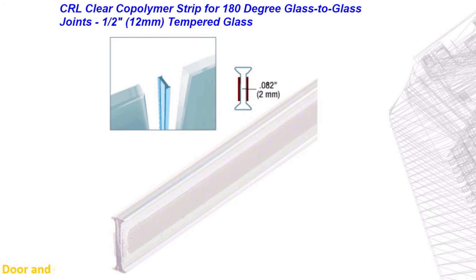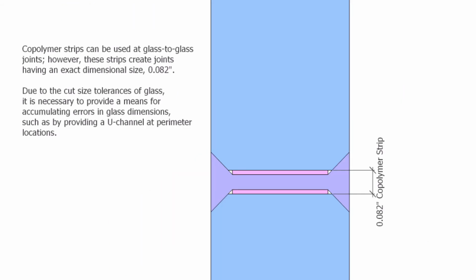When we create joints of an exact dimension, it's very important that the system's design includes some element to take up the additional space that will result from errors in the glass size. Usually, we're only going to use this type of joint material when we also have a receptor at the vertical perimeter, which can accept more or less glass to take up the error in the cut size.